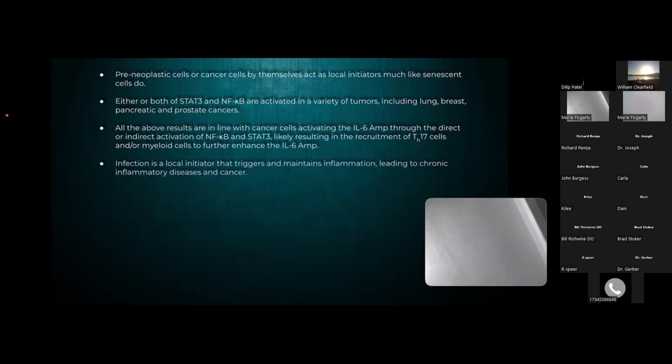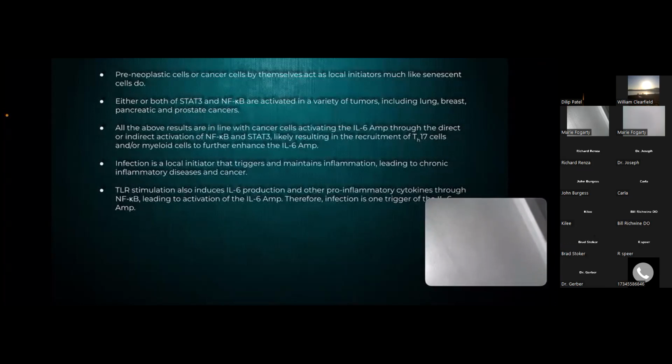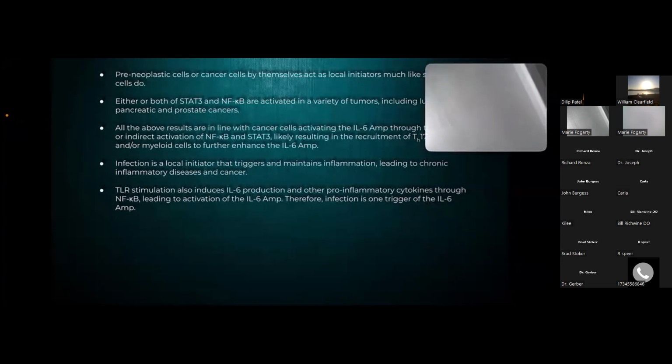Infection is a local initiator that triggers and maintains inflammation, leading to chronic inflammatory diseases and cancer. TLR stimulation also induces interleukin-6 production and other pro-inflammatory cytokines through NF-kappa beta, leading to activation of the interleukin-6 amplification. Therefore, infection is one trigger of the interleukin-6 amplification.